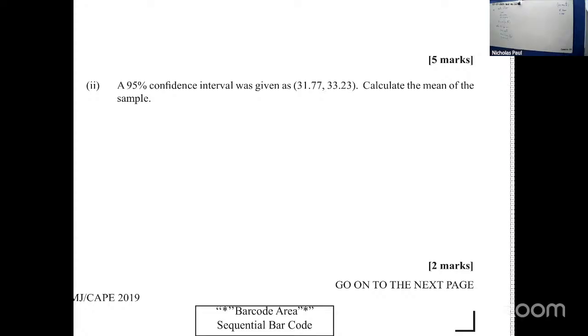If you check the formula, it is plus and minus critical value by sigma and root n. So X bar, your upper boundary is plus critical value sigma and root n, and your lower boundary is minus sigma and root n.